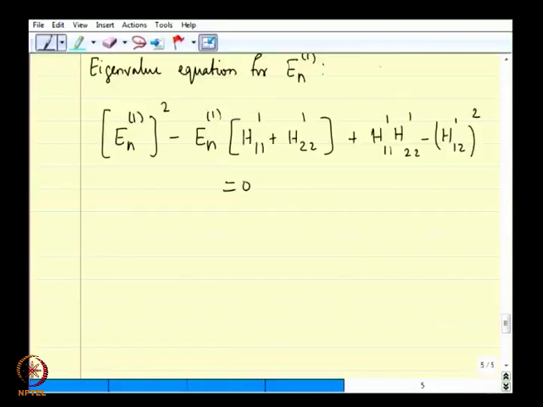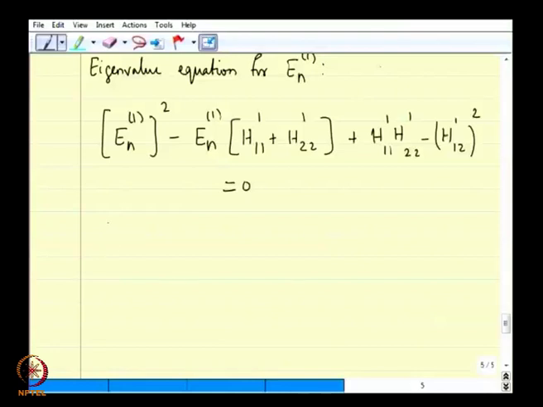So this is ax square plus bx plus c is equal to 0. You know that x is equal to minus b plus or minus square root of b square minus 4ac over 2a. That discriminant formula you can write.